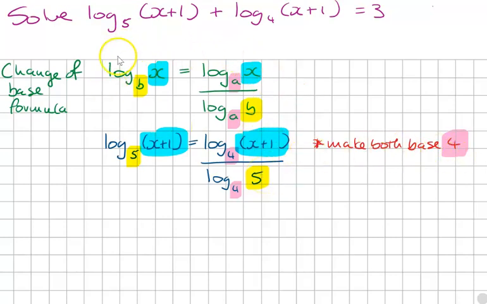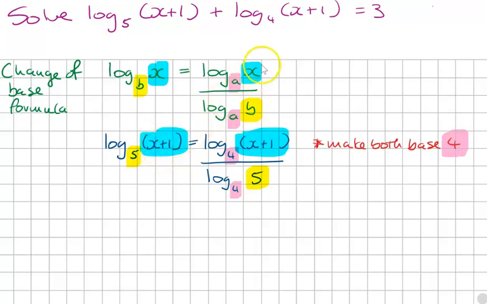So I got that from our formula. So the formula is log base b of x. In this case, we had log base 5 of (x plus 1), so the b I've highlighted in yellow is 5. That's where the 5 comes from in the denominator. The x I've highlighted in blue in the formula, and in our log it's x plus 1.